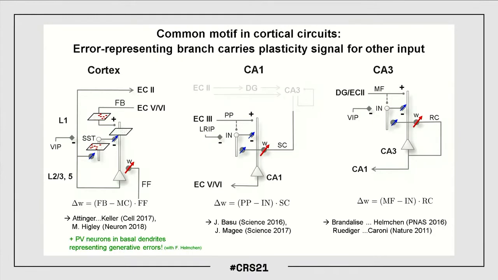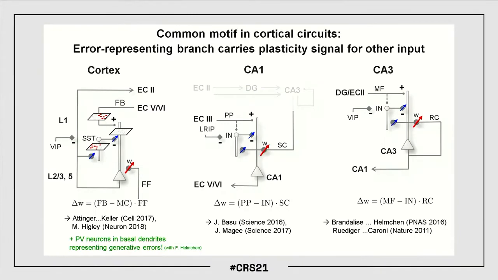And again, VIP neurons in all the cases may switch from this non-attentional to the attentional mode when you have a large error, telling you this is now really important to be taken up into the representation, not this fine-tuning error-based learning.